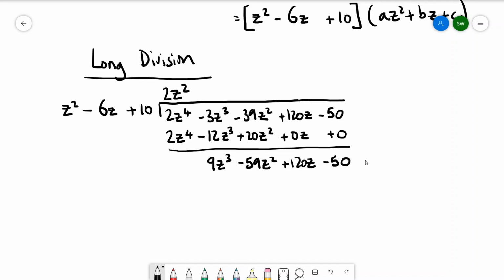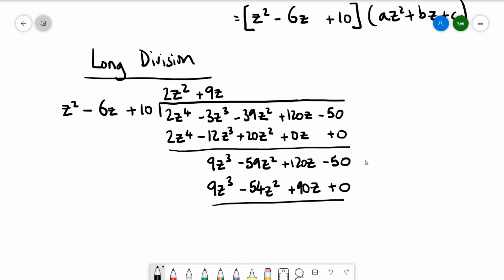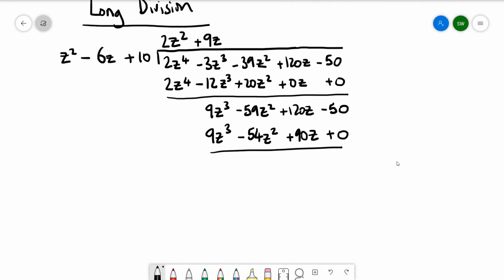Okay, so next we're going to ask ourselves, what do you need to times z squared by to get 9z to the power of 3? That's plus 9z. So now we're going to times 9z by everything on the outside and write it underneath. Okay, and then let's do top line take away bottom line again.